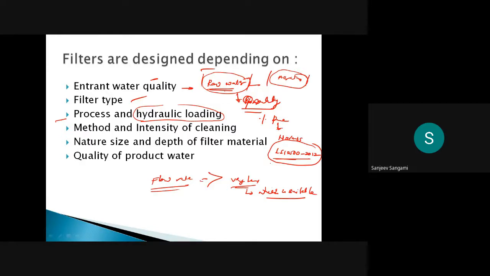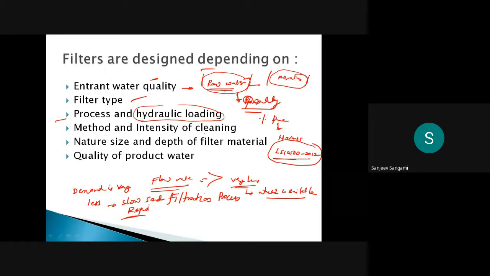Normally if the demand is less, then we'll go ahead with the slow sand filtration process. If the demand is more, then we'll go ahead with rapid. This is what hydraulic loading is.